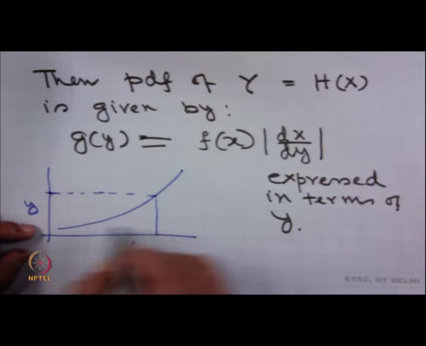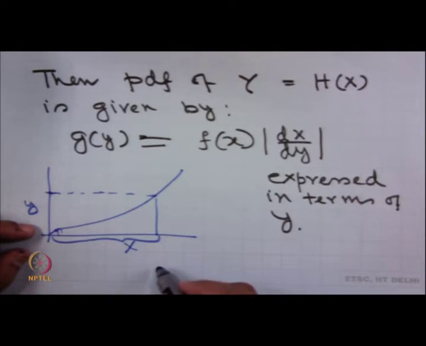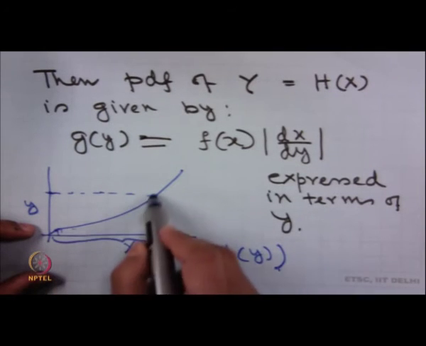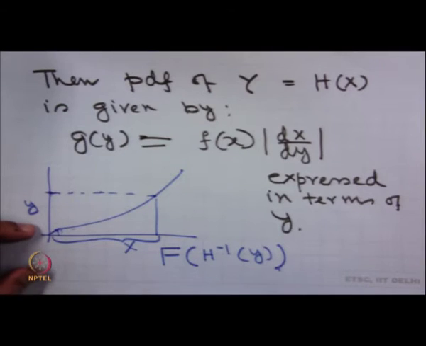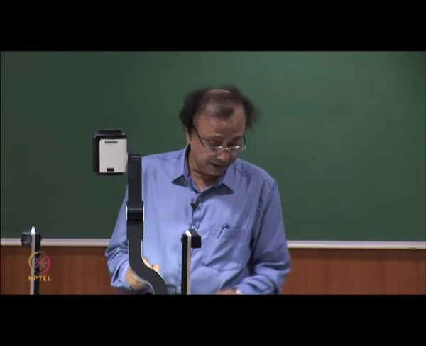That probability will come from the probability of x, given by f of h inverse of y. The strict monotonicity allows us to make the inverse of y and to get the value of x, and therefore, we can apply the cumulative distribution function of x on that one. So, let me give a very quick proof of the above statement.